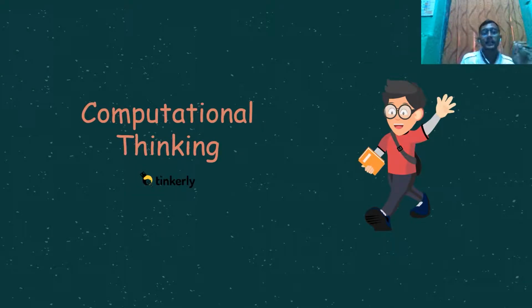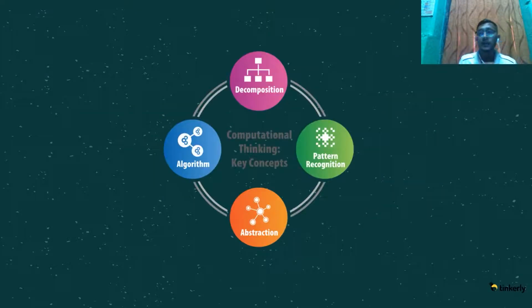Computational thinking has 4 stages, that is decomposition, pattern recognition, abstraction and algorithm. So this is a key concept of computational thinking. We will learn one by one what is decomposition, pattern recognition, abstraction and algorithm.